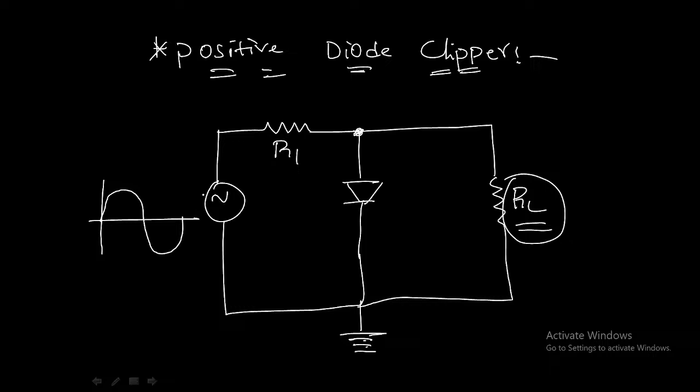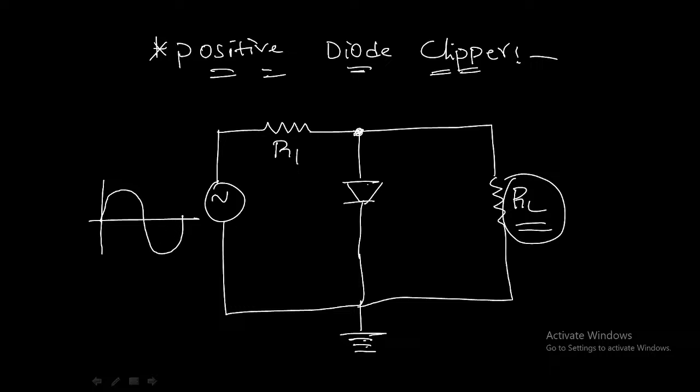Now, if you observe, the diode is in forward bias condition when there is a positive phase of the input. Why? You are applying positive to anode and negative to cathode, so it will act as forward bias.